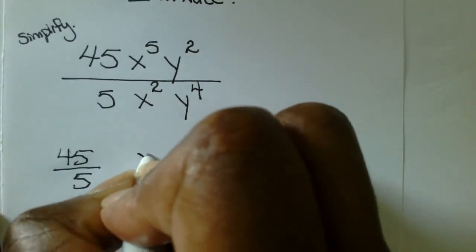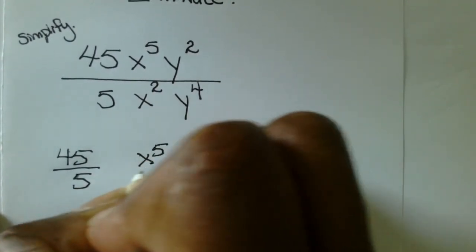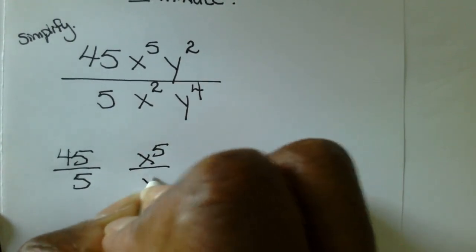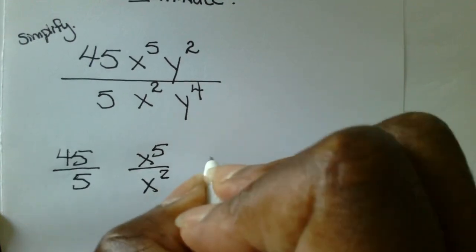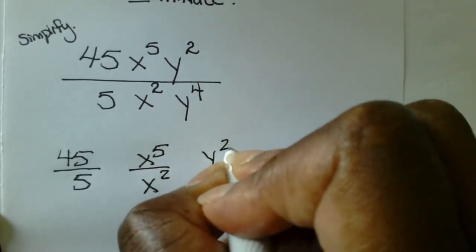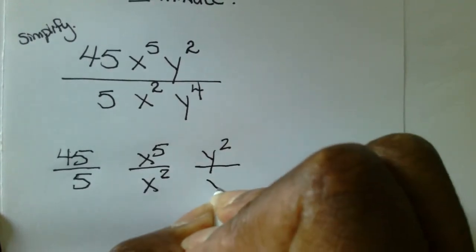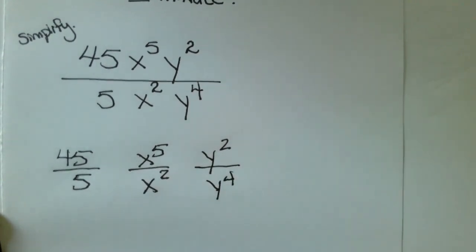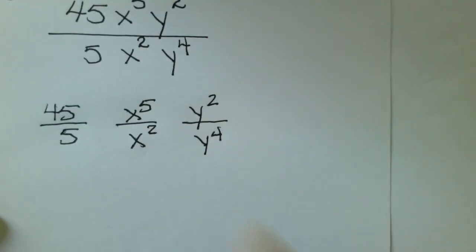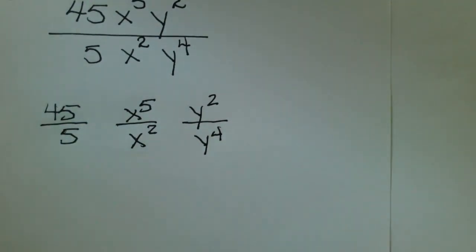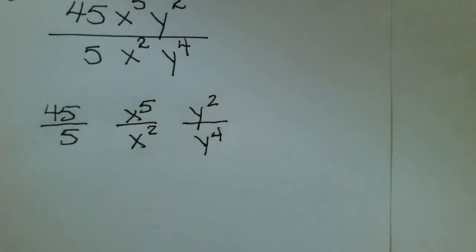We have x to the 5th divided by x squared. And we have y squared divided by y to the 4th. So if we split it up, we might be able to see it just a little bit clearer.